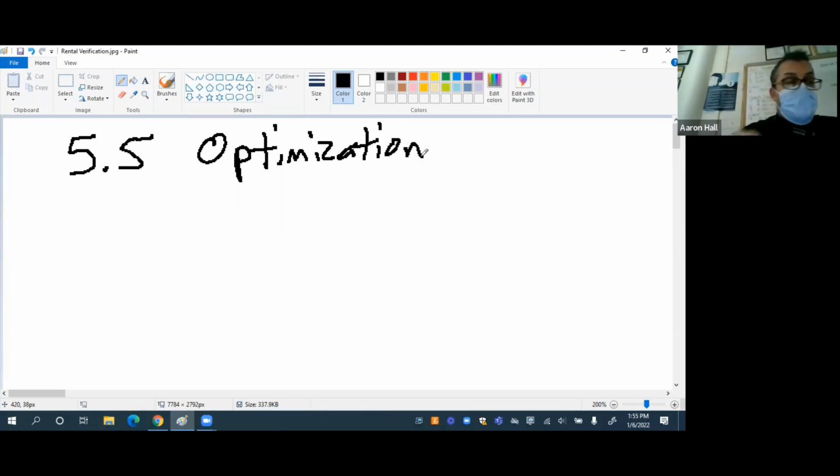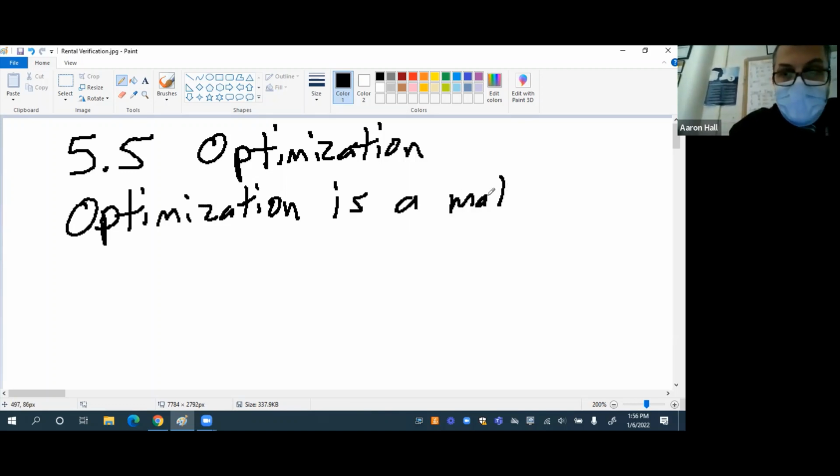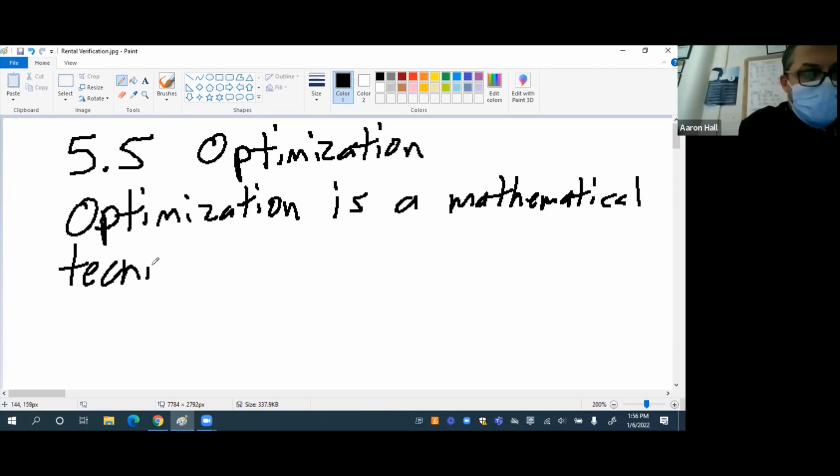So optimization is a mathematical technique for finding a maximum or a minimum value of a function.